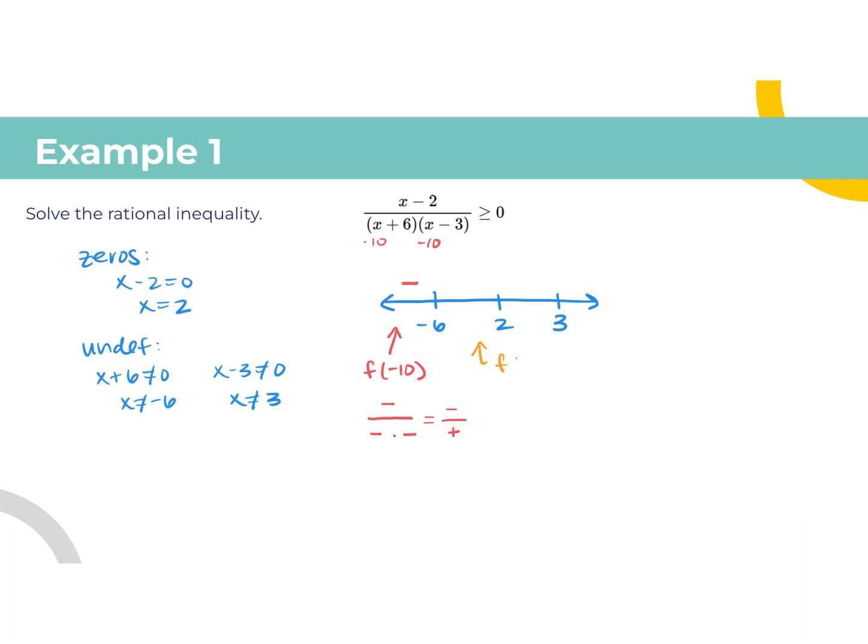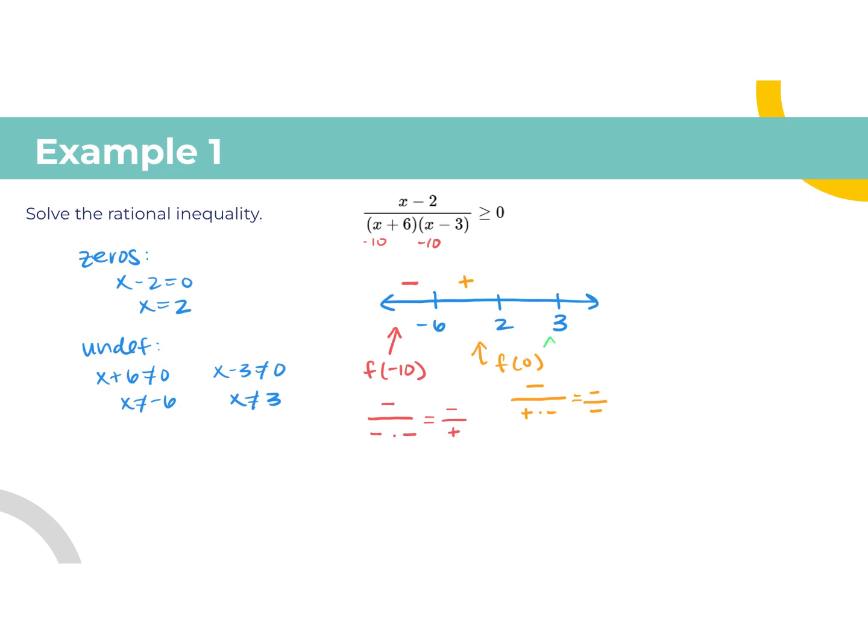In my next interval, I'm going to think about plugging in 0. If I plug in 0, my numerator is going to be negative. If I plug in 0 to the factors in the denominator, I'm going to get a positive times a negative value. That would simplify to a negative over a negative, which would lead me to a positive y value.